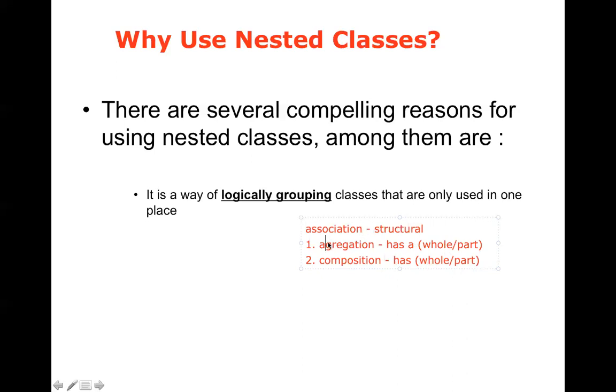Aggregation, whenever we say aggregation, this is also a whole-part relationship, and if a part ceases, a part leaves, the whole still exists. That means in a college, if one student leaves, the college will still be called a college because there are other students as well. If you take a flower, a flower has a number of petals. If one petal is gone, it is still a flower.